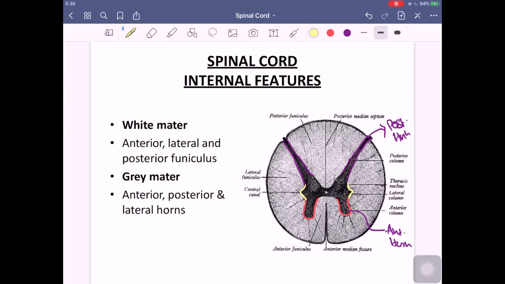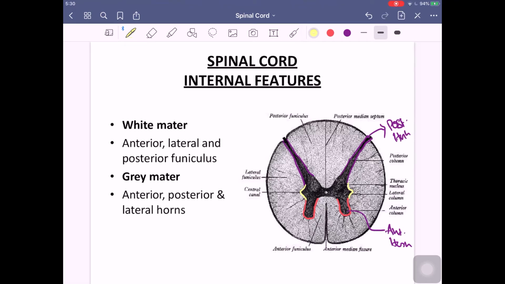The anterior and posterior horns are present throughout the spinal cord, but their size and shape vary depending on whether we are in the cervical, thoracic, lumbar or sacral region. In general, the anterior horns are bulbous and wider, and the posterior horns are narrow and longer.